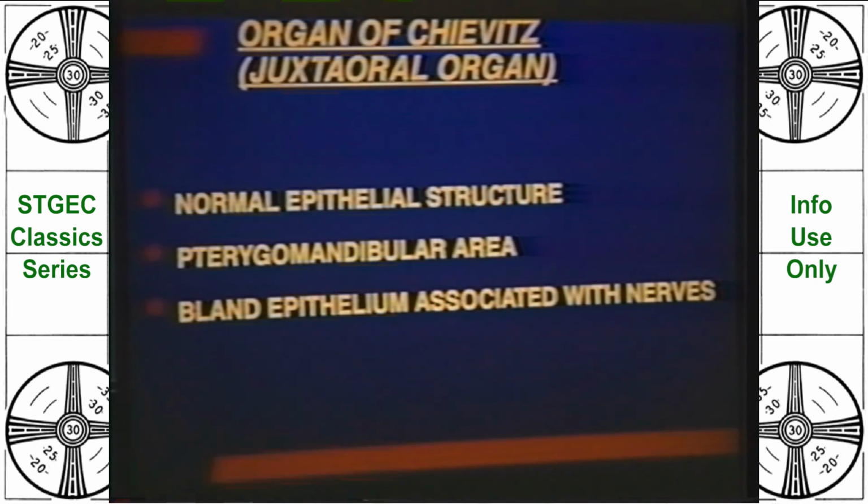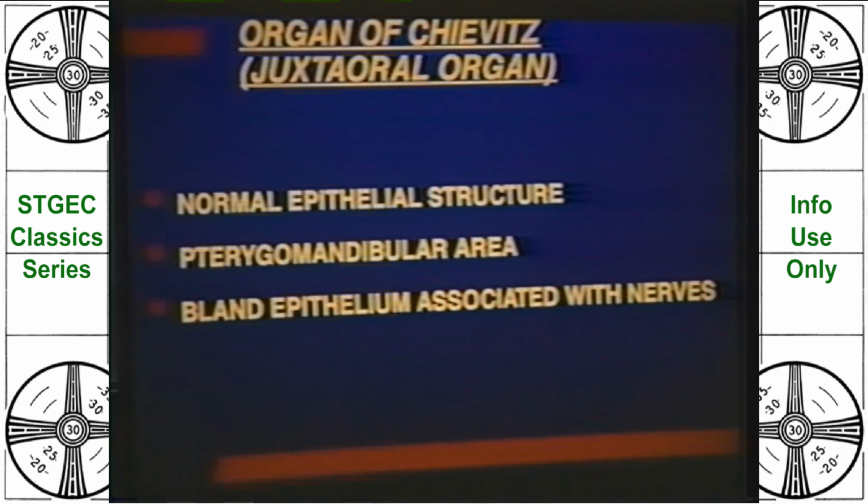Okay, the organ of Chievitz. I'll tell you a little bit about that one because it's another one that gets us into bad trouble. I saw this first published in the American Journal of Clinical Pathology back in 1978 when this unfortunate pathologist had been reviewing tissue from a biopsy down deep in the retromolar area or the pterygomandibular area.